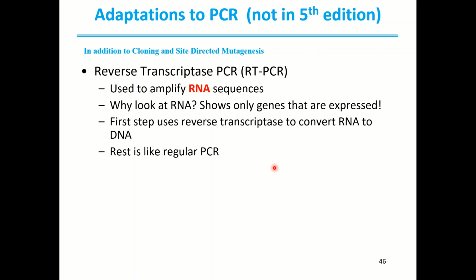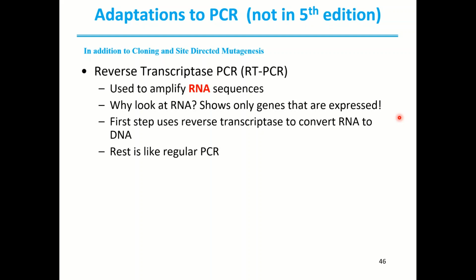Okay. Why do you want to look at RNA? Well, it shows only the genes that are expressed. Every cell in your body has the same DNA in it, so if you're trying to sequence DNA from different cells, you're going to see the same thing in every cell.